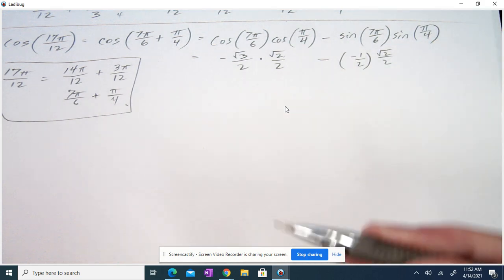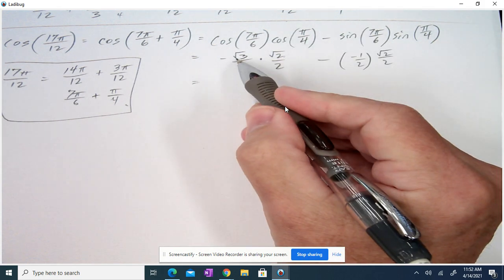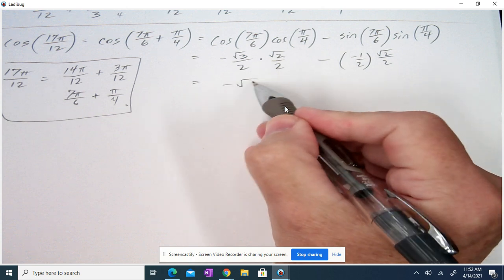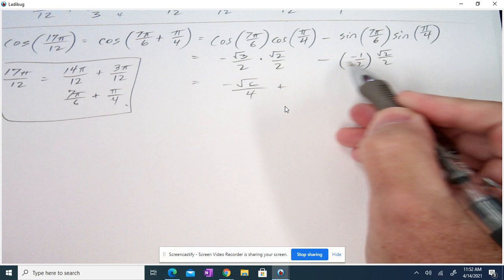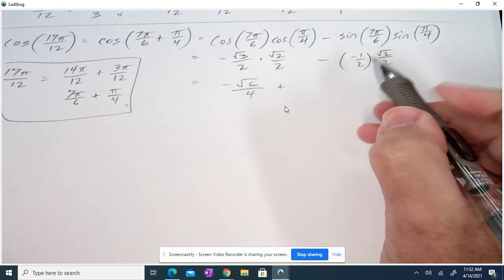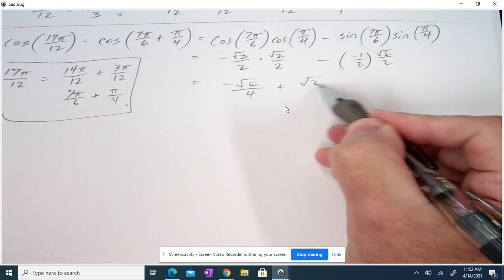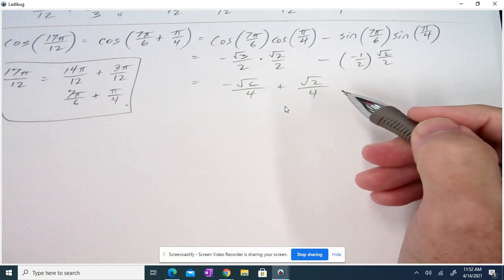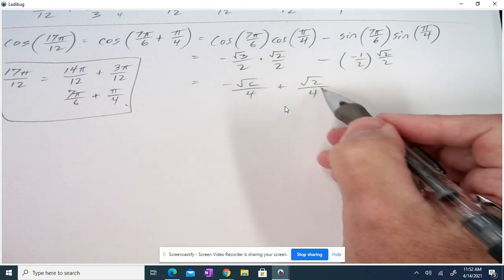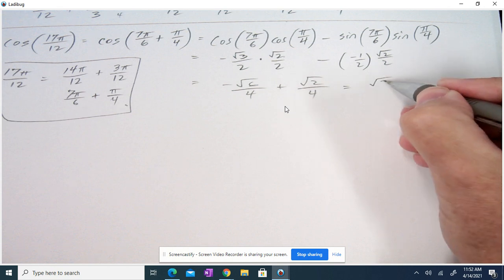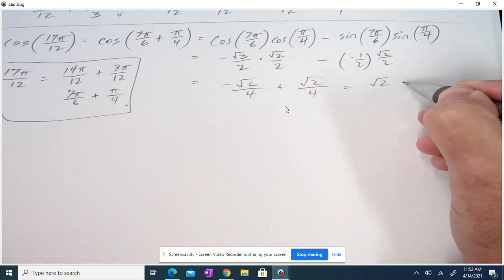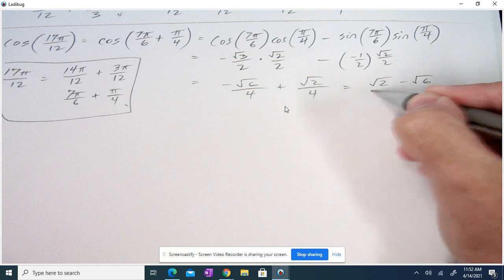Okay, so what do we get? We get negative square root of 6 over 4 plus, right, because that's a double negative right there, square root of 2 over 4. And my guess is they'll switch these around, so it's probably written like square root of 2 minus square root of 6 over 4.